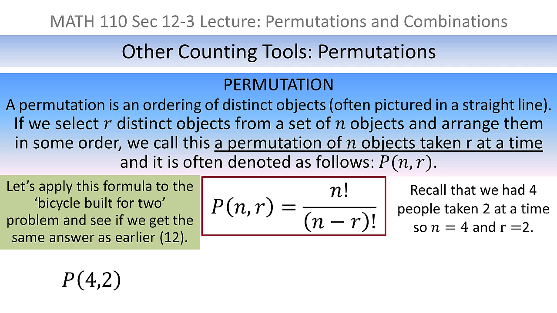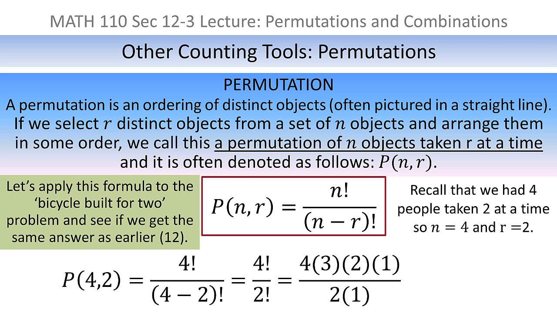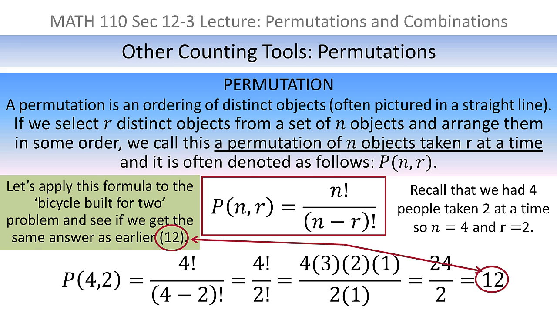And if I plug in 4 for n and 2 for r, I end up with a fraction with 4 factorial on the top and 2 factorial on the bottom. Now remember, 4 factorial is simply 4 times 3 times 2 times 1, and 2 factorial is 2 times 1. And of course that gives us 24 over 2, which is 12. So it's exactly the same answer.